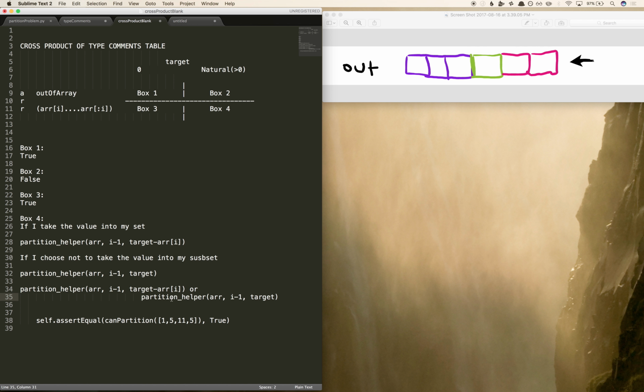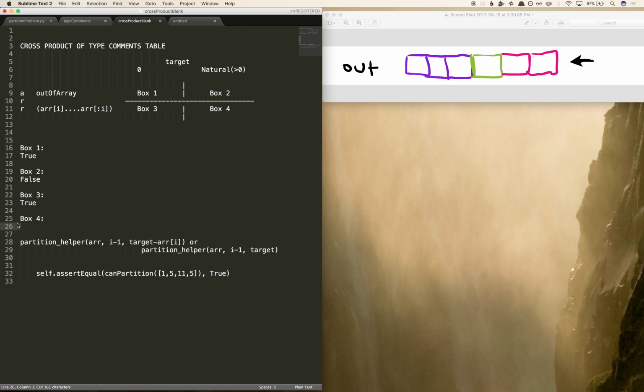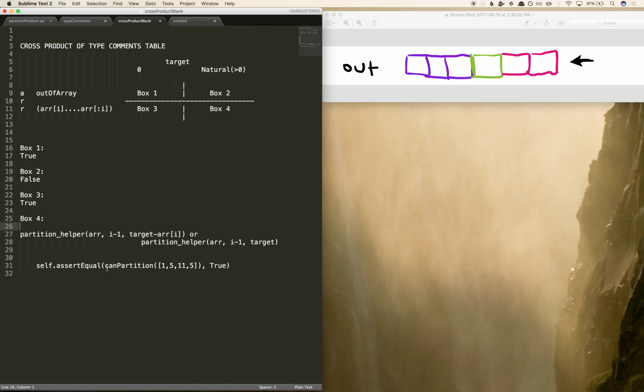Now, if we look at this, let me just move this, because this was in box 4. So in box 4, we have to take the best of these two. Let's look at our example.